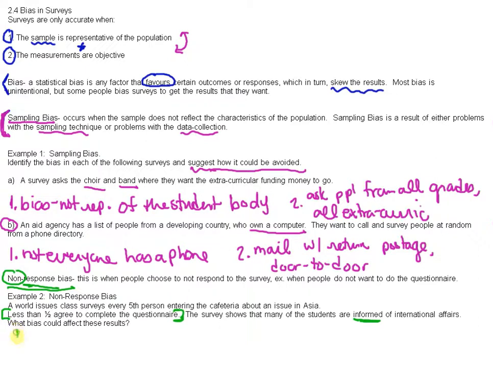Maybe the half that does not complete has no idea what they're talking about. Like that current issue in Asia, they do not know about the issue. So maybe the people that are responding are only the people that actually are informed about the issue. That could be the bias in there.